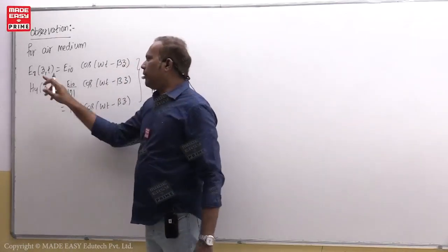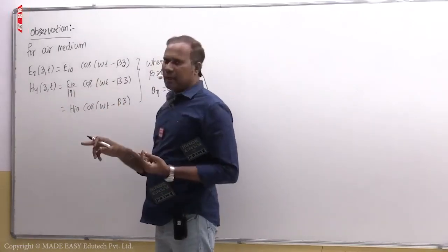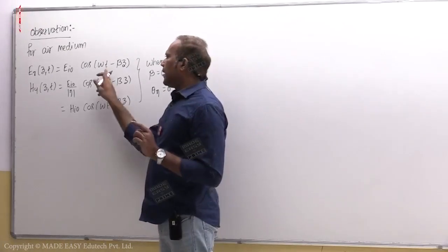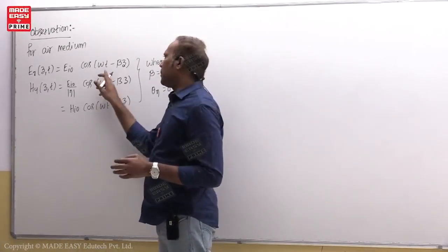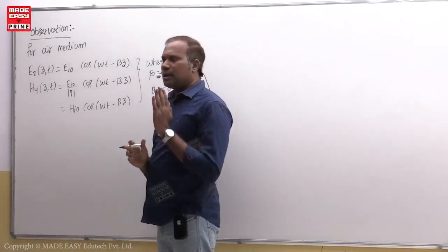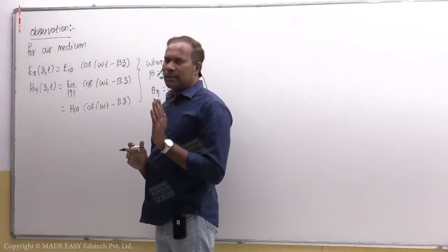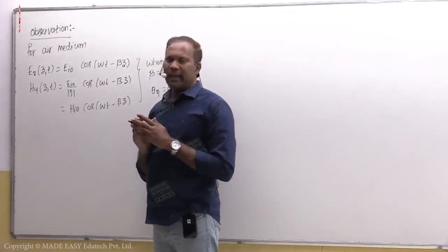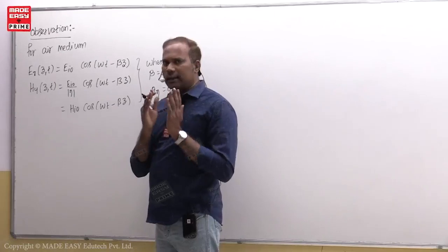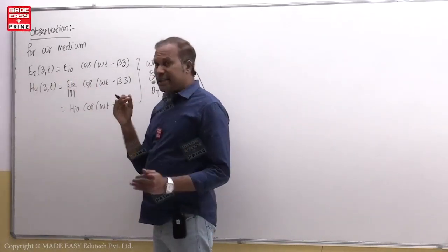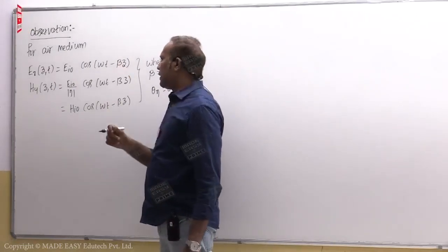Actually, the total electric field is one variable, time is the second variable, distance is the third variable. Actually, always we take one variable as a constant. For example, we take time as 0. At zero time you are observing, that means whenever the EM wave comes out of the antenna, then time is 0. At that time you are observing the electric field shape with respect to distance, we will see.